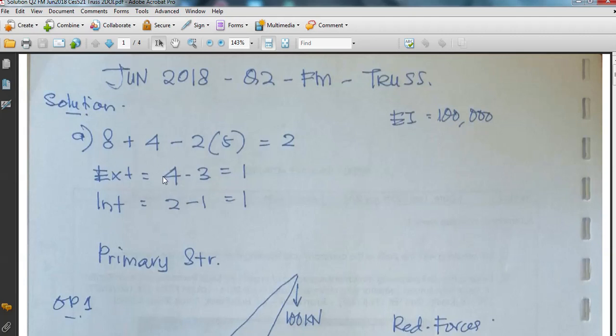Reactions minus 3, where 3 means the static equations for 2D. Because our structure has 2 pin supports, we have 4 reactions. 4 minus 3 equals 1. So we have an external DOI equal to 1.